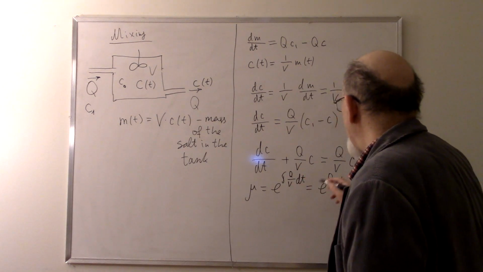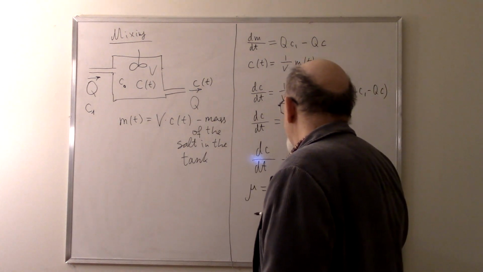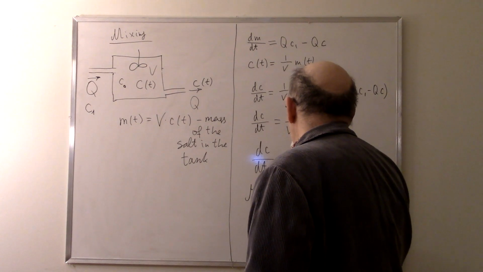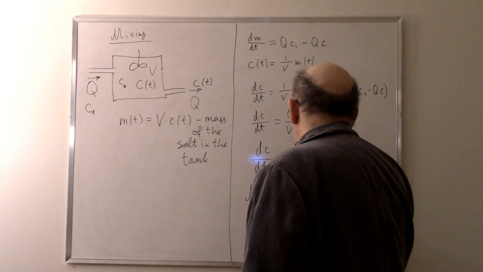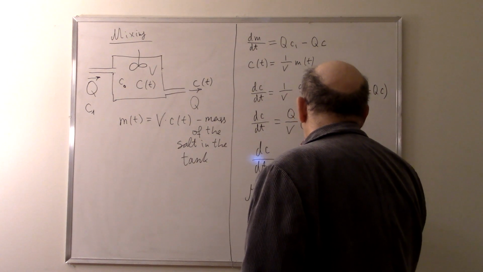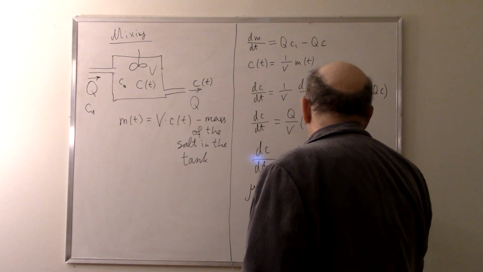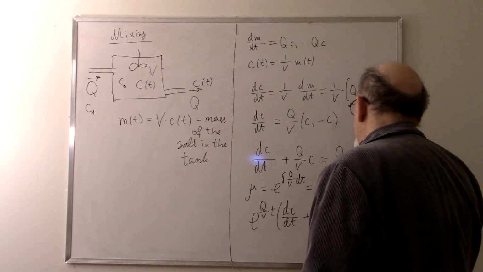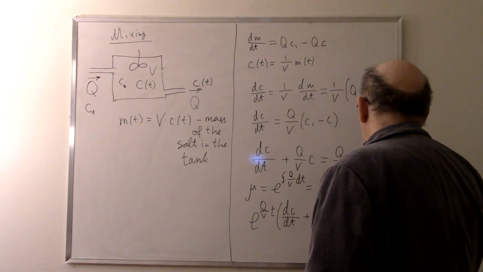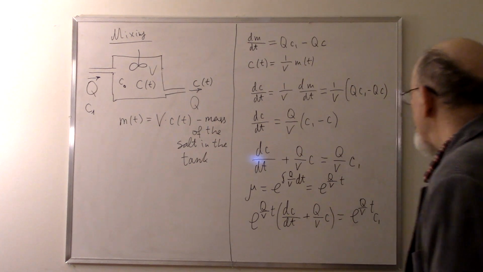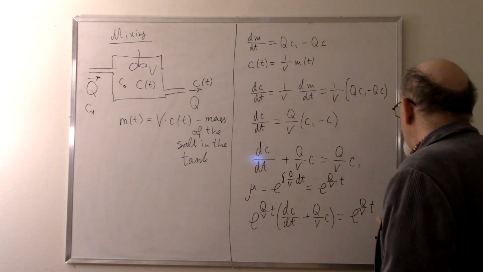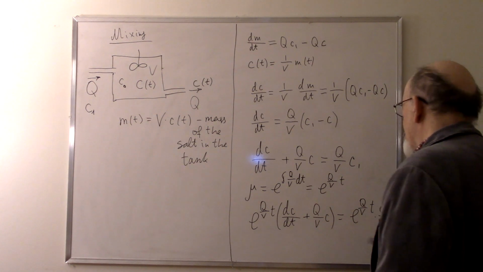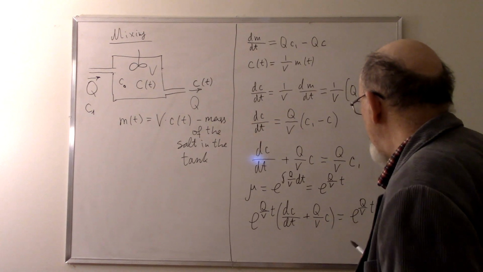Yes, so multiplying by this integrating factor, we have e to the power Q over V t times (dC/dt plus Q over V C) equals e to the power Q over V t times Q over V C1.